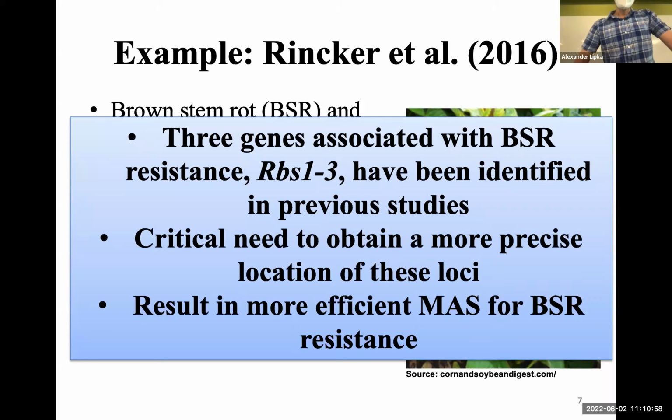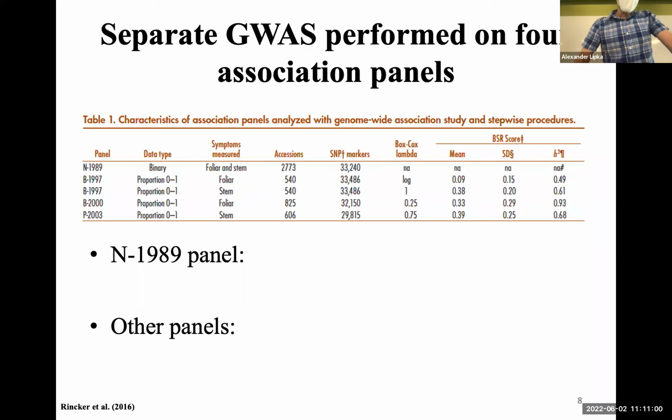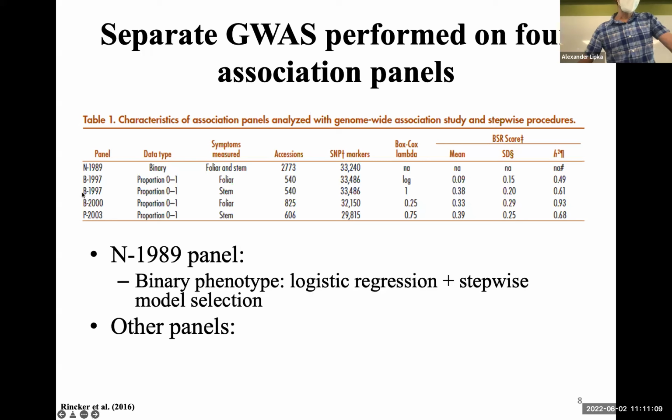Okay, so the data that we had are 4 different association panels, and note that these are not all the same. So in this panel over here, N1989, the trait was binary: resistant or susceptible, basically.